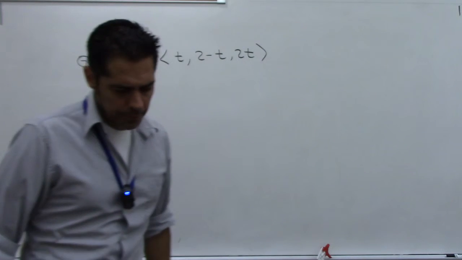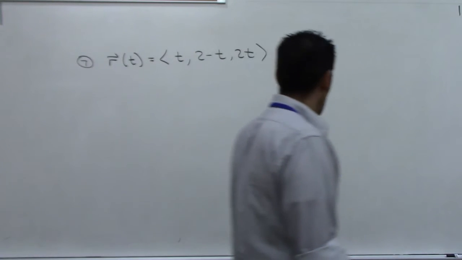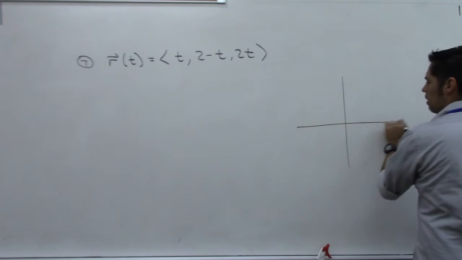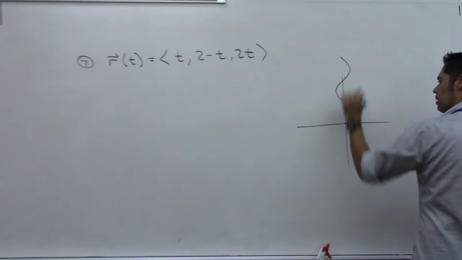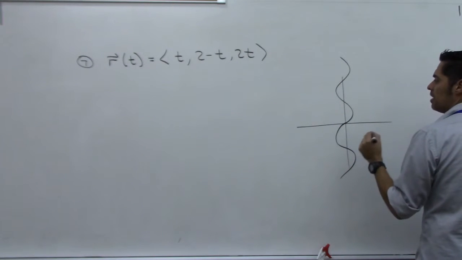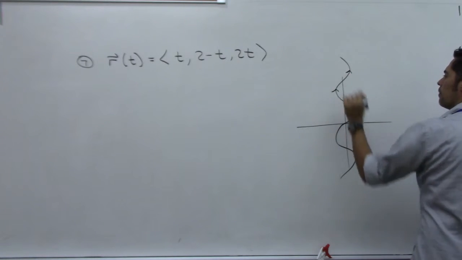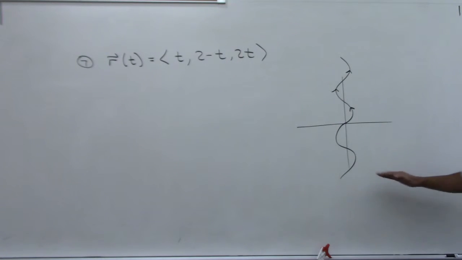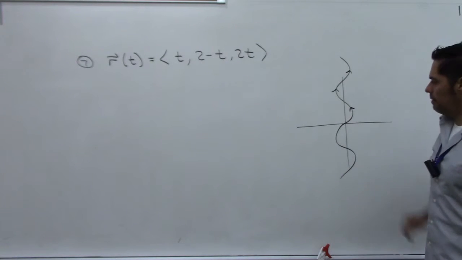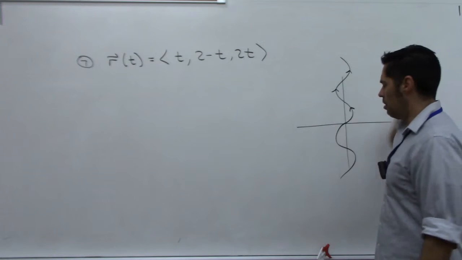All right. Oh, by the way, on the last problem we did, it looked like this. As t increased, right, as t got bigger, the direction was this way. So when it draws this, it draws it like that, as t progresses from smaller to larger numbers.